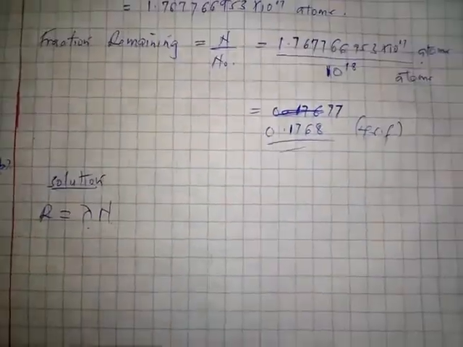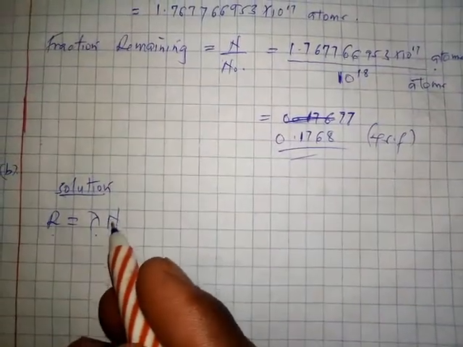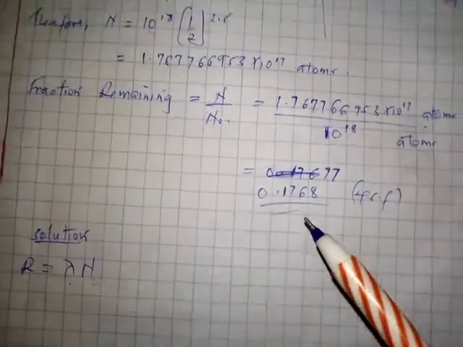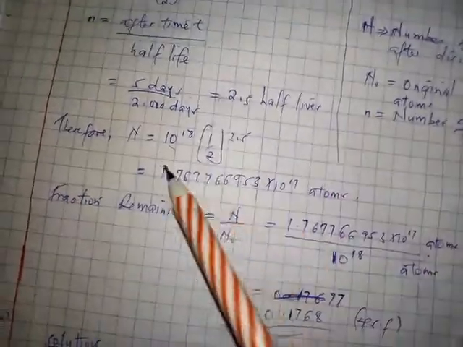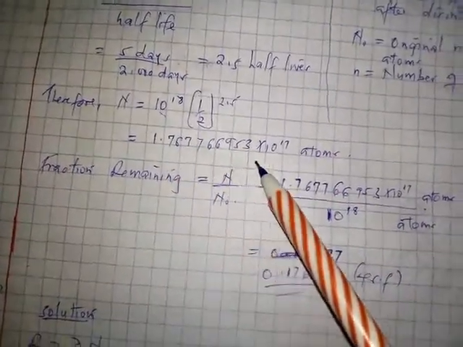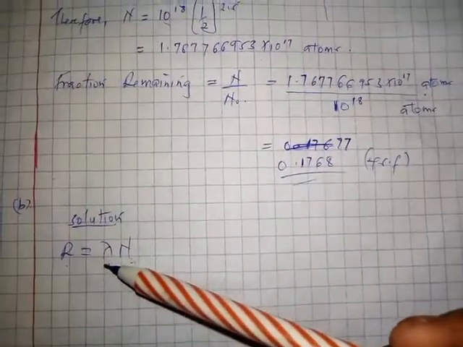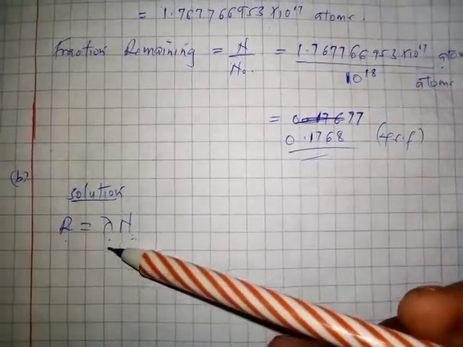So R is given by lambda N. We have N here. We don't have R, and we don't know the value of our decay constant, so we have two unknowns.